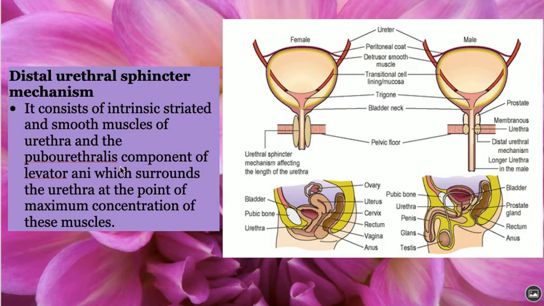This is the muscle that is surrounding the urethra at the point of maximum concentration of the muscles. Okay, so this is your distal urethral mechanism, and this is the part of the pubourethralis that is surrounding the urethra.